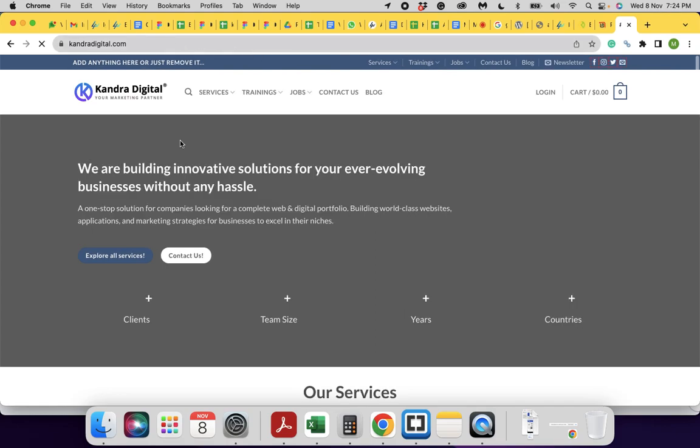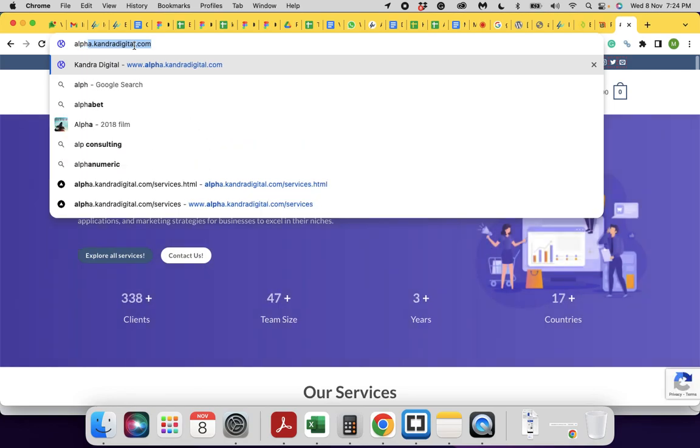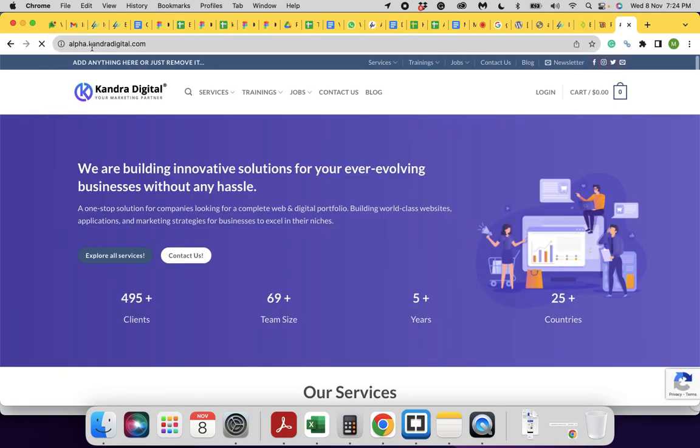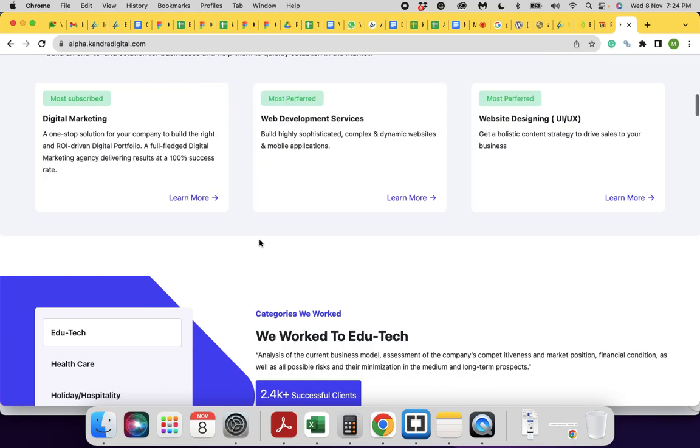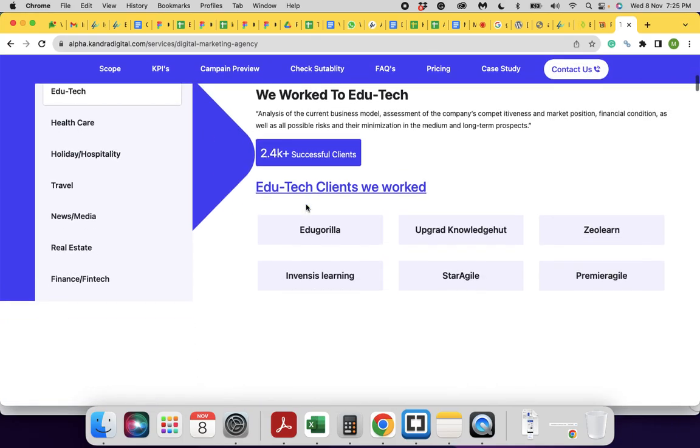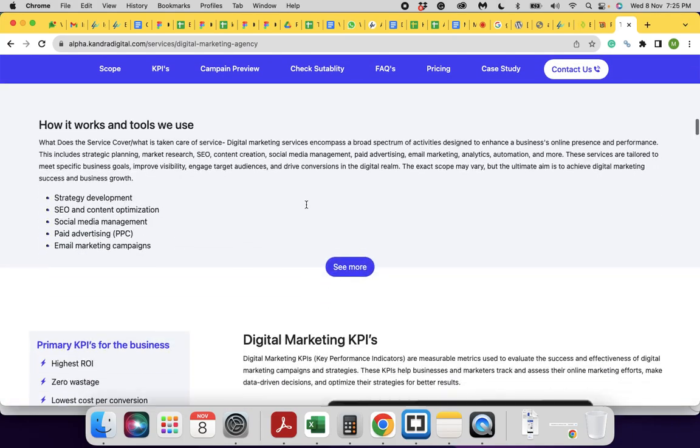So you open this website. This is currently still the old one, so maybe this week you will see this moving to the alpha or stage website. You go to any service here, digital marketing. They are still correcting or fixing it, but you will for sure get all the KPI information here.